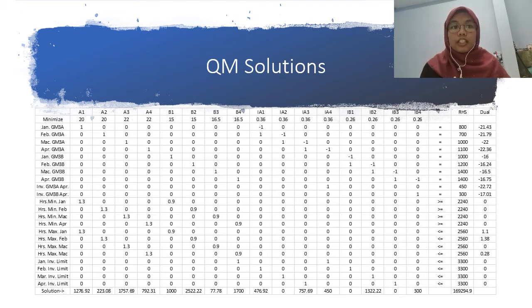Based on the result, for variables IA1, IA2 and IB1, there is no optimal solution, which is 0. From the result also, we know that the minimum cost for this factory is 169,294.9.